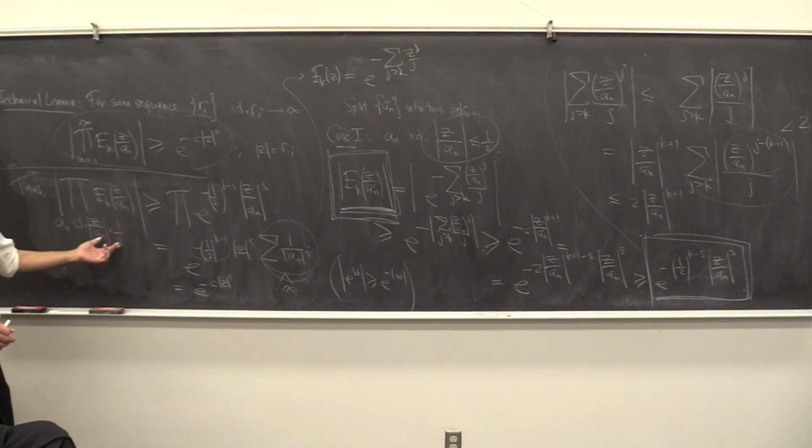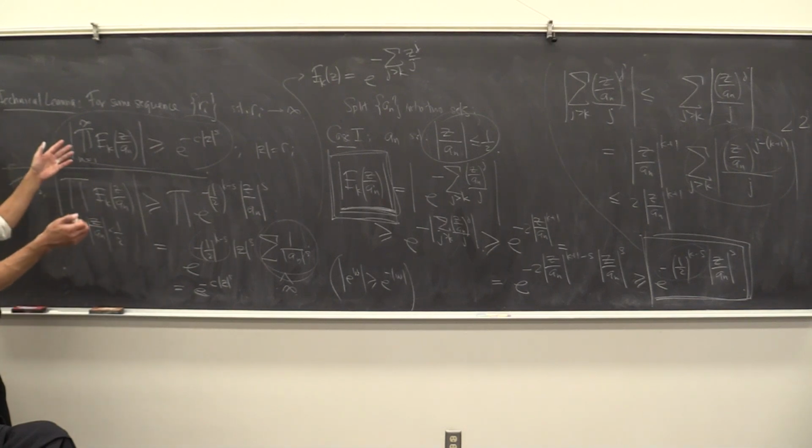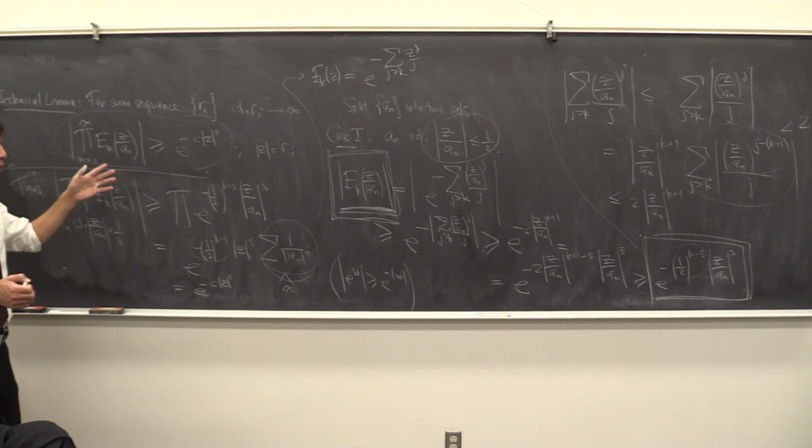And it looks like next time we'll control the other part, the product over the roots where the roots are small. Okay, we'll get a similar bound. We're going to have to use that.